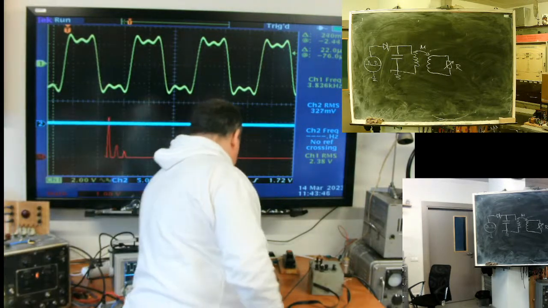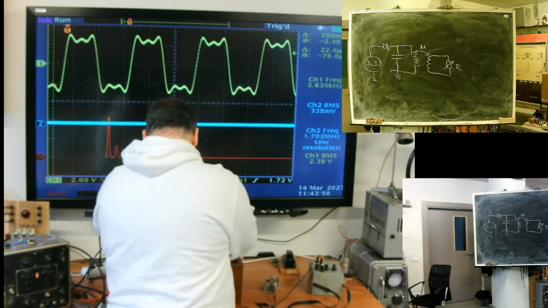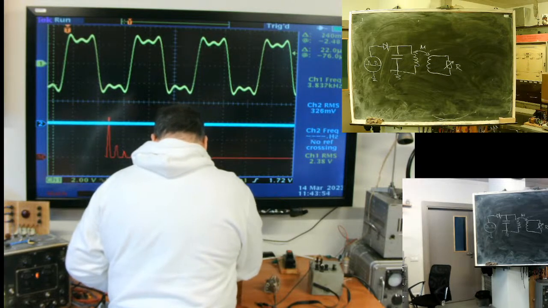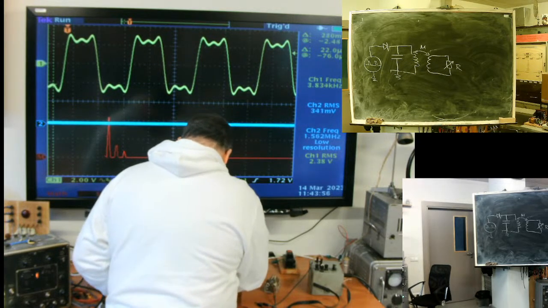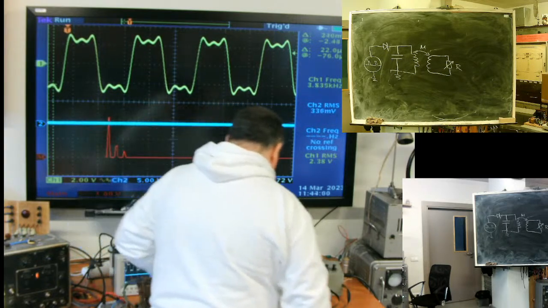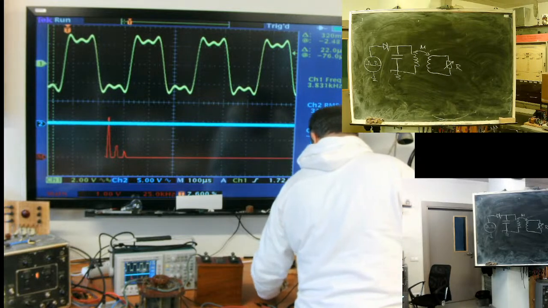Strange thing. Why do wires always disappear? Okay, I don't need it.